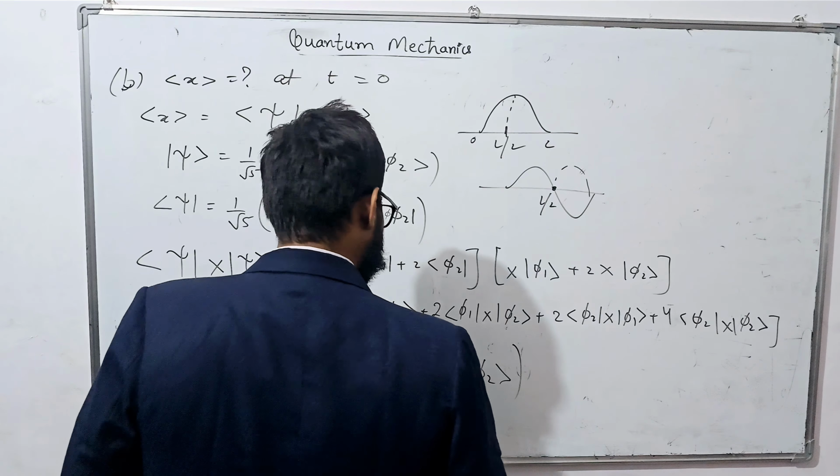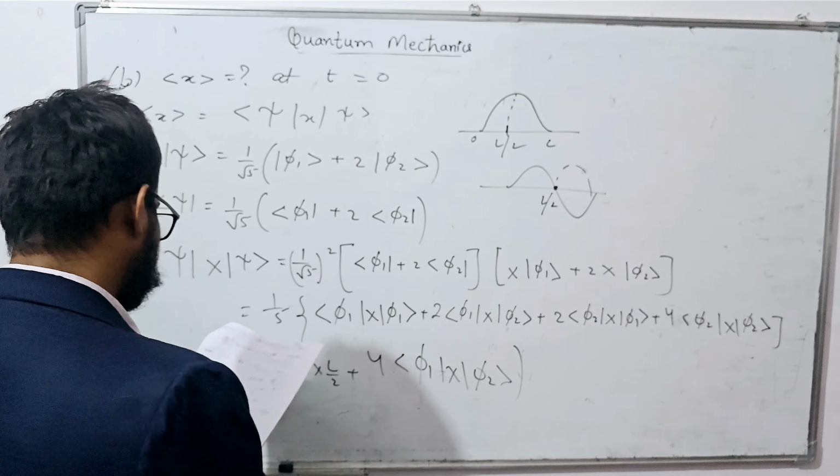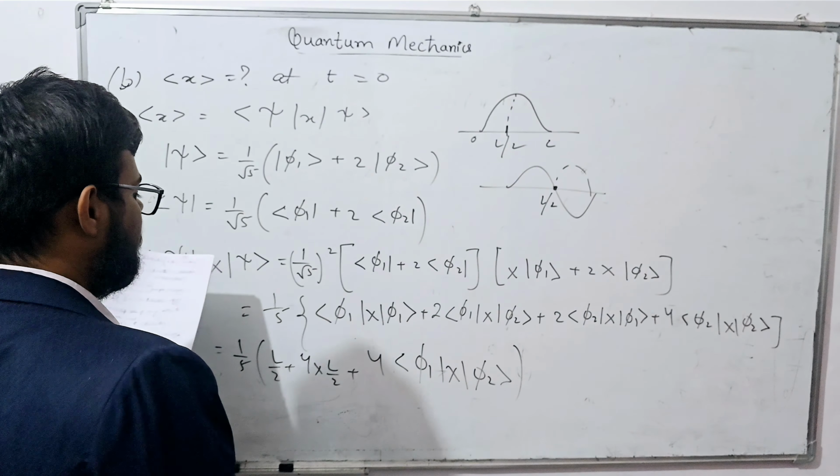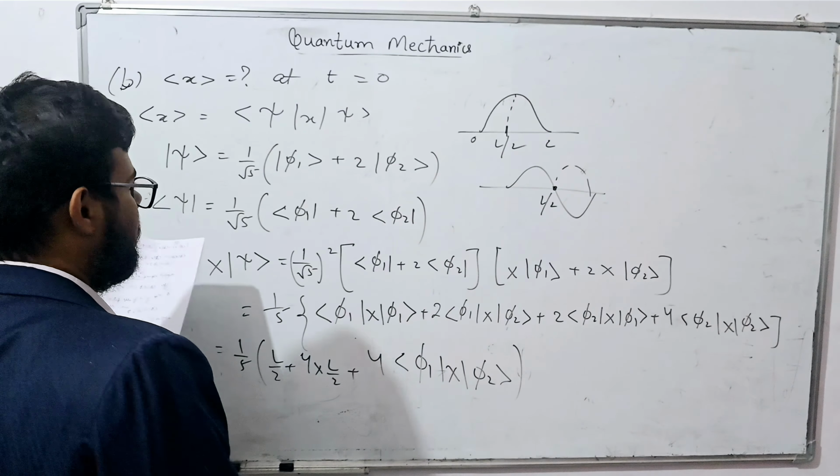Okay, and how do we evaluate it? Well, it's again the calculation part: negative infinity to infinity of root 2 by L into sine of pi x by L, times root 2 by L into sine 2 pi x by L, into x dx.